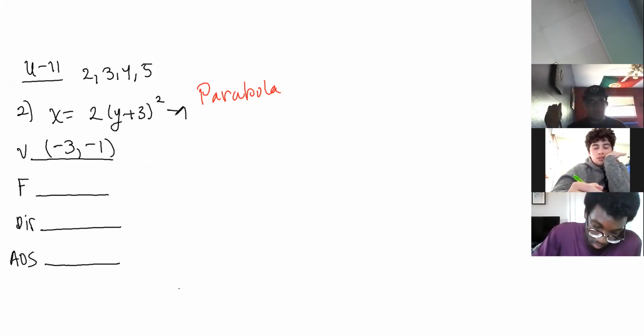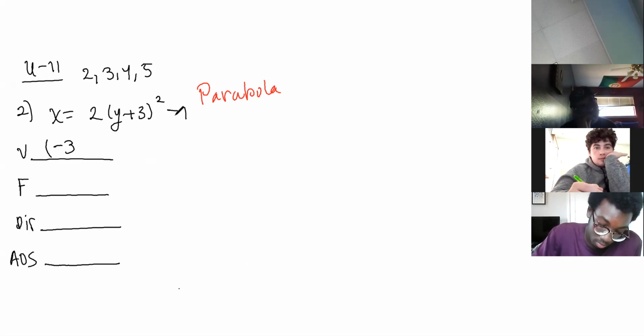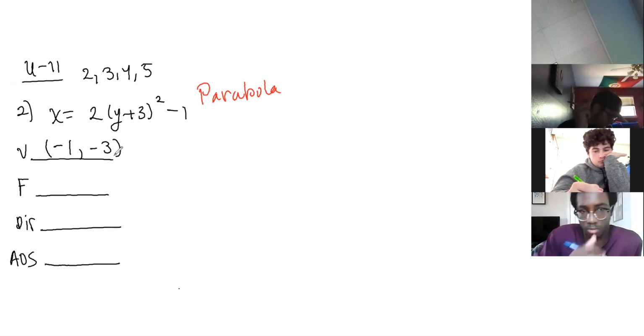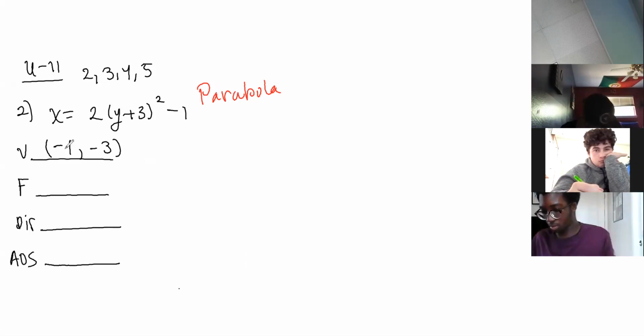Because it's y plus 3, not x plus 3. Good. So what is my true vertex? Negative 1, negative 3. So it's still opposite of the inside, outside stays the same. Only thing is that y inside is y, so that goes in the y spot. Outside stays the same, would then have to go in the x spot. Okay, so let's go ahead and sketch so we can find all the other bits and pieces.